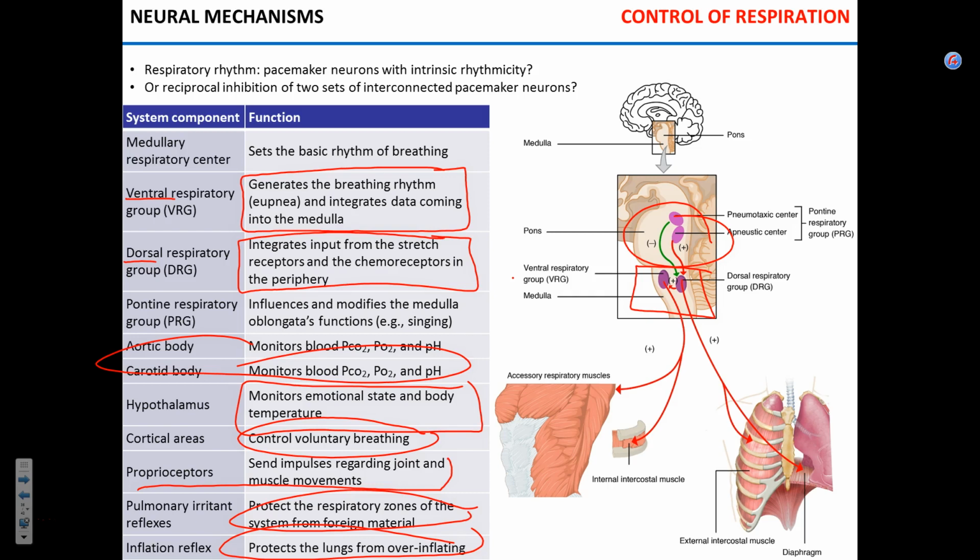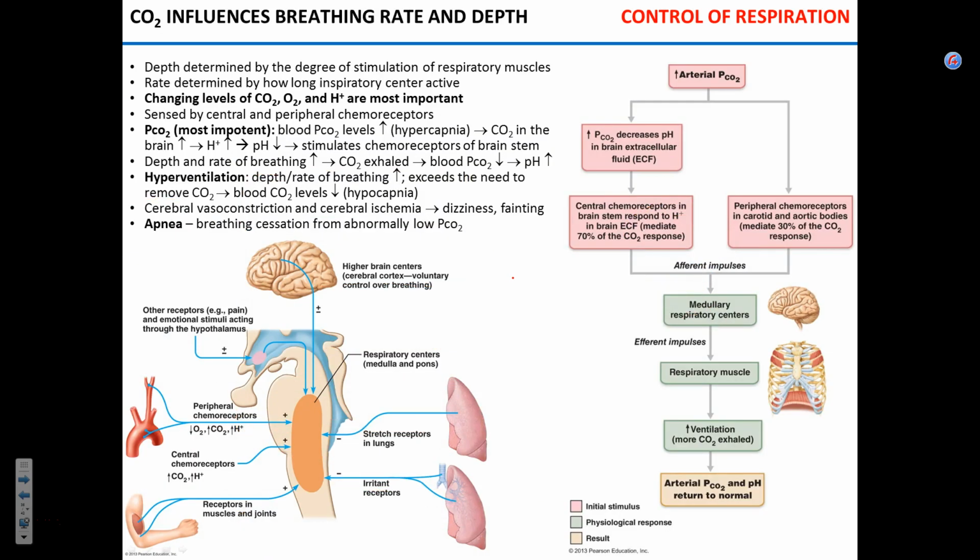Now, vigorous movements of joints and muscle contractions are associated with what type of human endeavor? When do you contract muscles and move your joints? When you exercise. And it's very interesting modifications that occur during exercise.